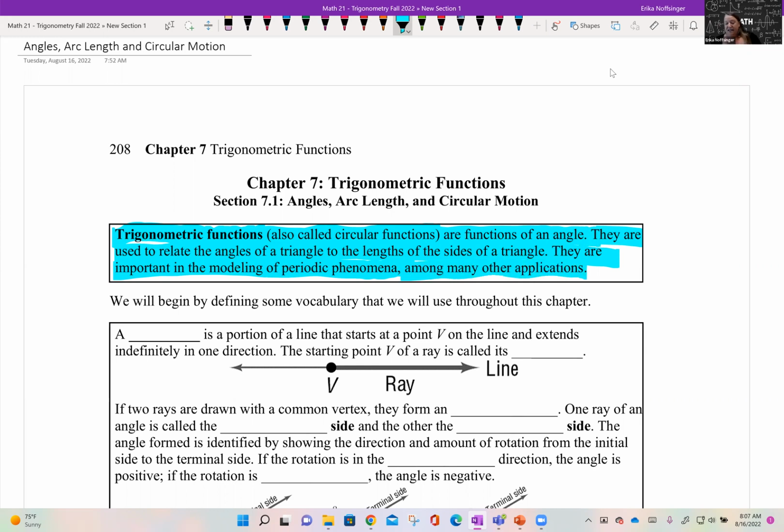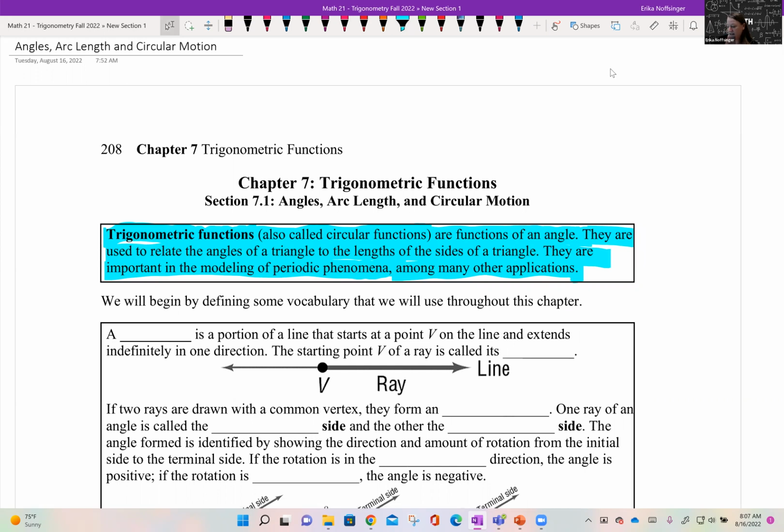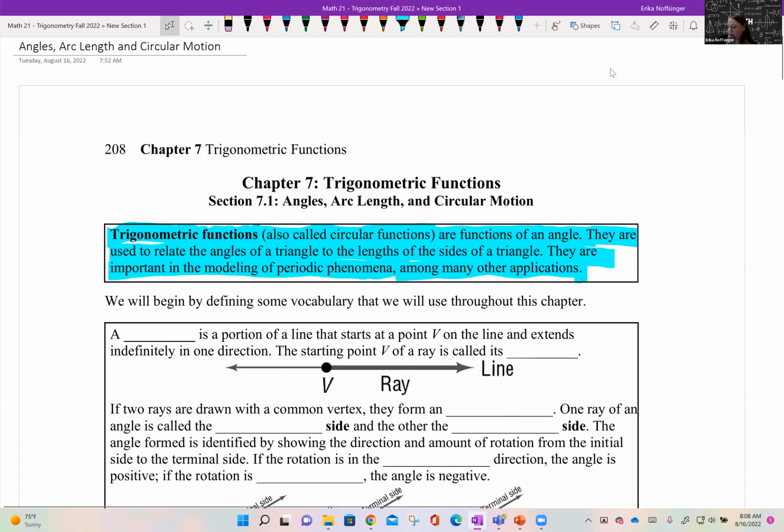You'll see that later in this course when we're looking at our trigonometric functions, sine and cosine, especially. Those are related to the tide, how the tide comes in and goes out, and how we can use that function to relate when it's going to go in or out, high tide, low tide, etc.